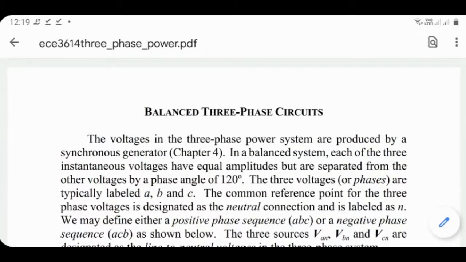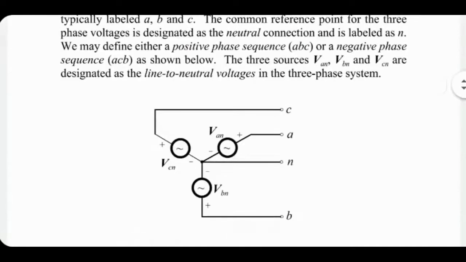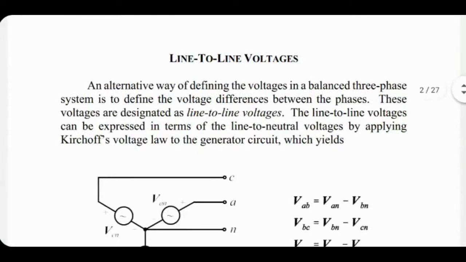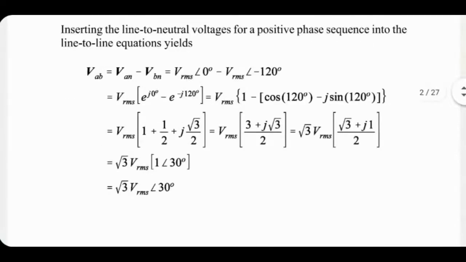Three-phase circuits. Let me go back to what I was telling you last time. There are two configurations in which we connect the three generators. One of them is known as star configuration or Y configuration, which is what we are showing in this diagram here. And the other one is known as delta configuration, where we connect them in a triangle.